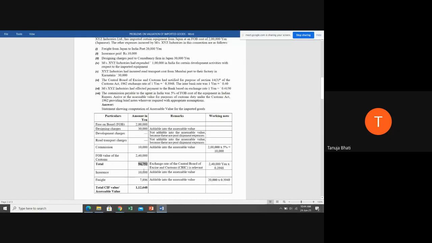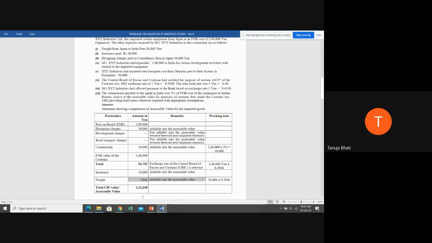Suppose insurance and freight were given in yen, then your total assessable value would be in yen, and at this assessable value you would do the conversion from yen to rupees. But since insurance is given in rupees, it is not possible to take this as yen, this in rupees, and this again in yen, because the calculation will go wrong.